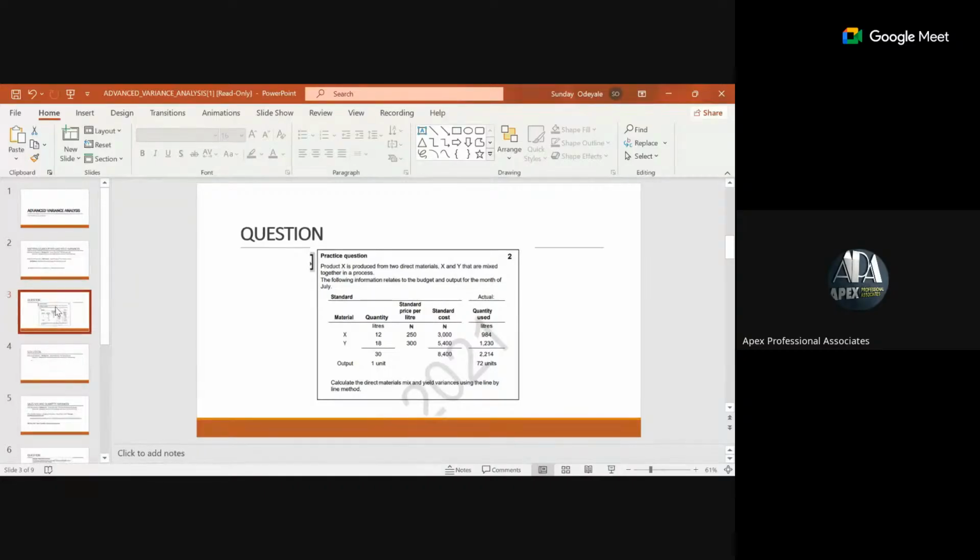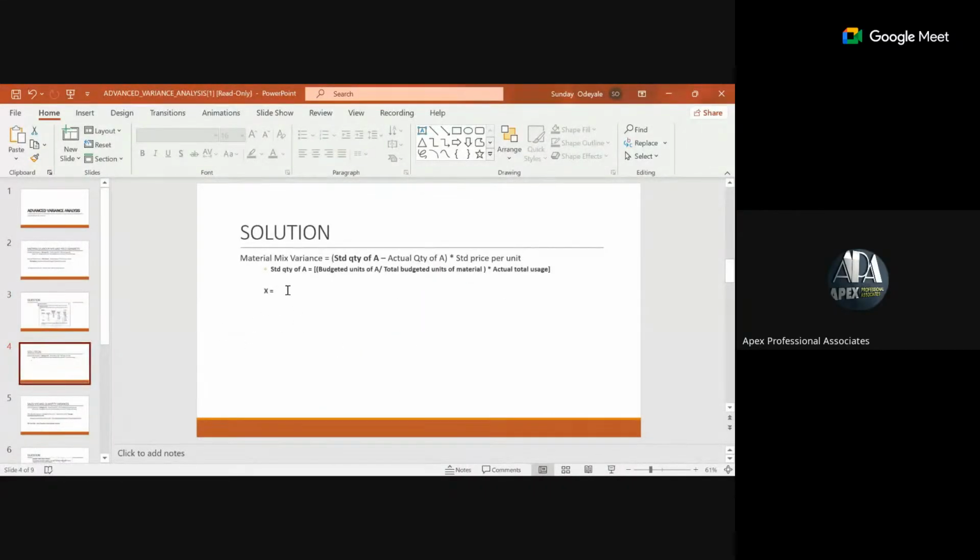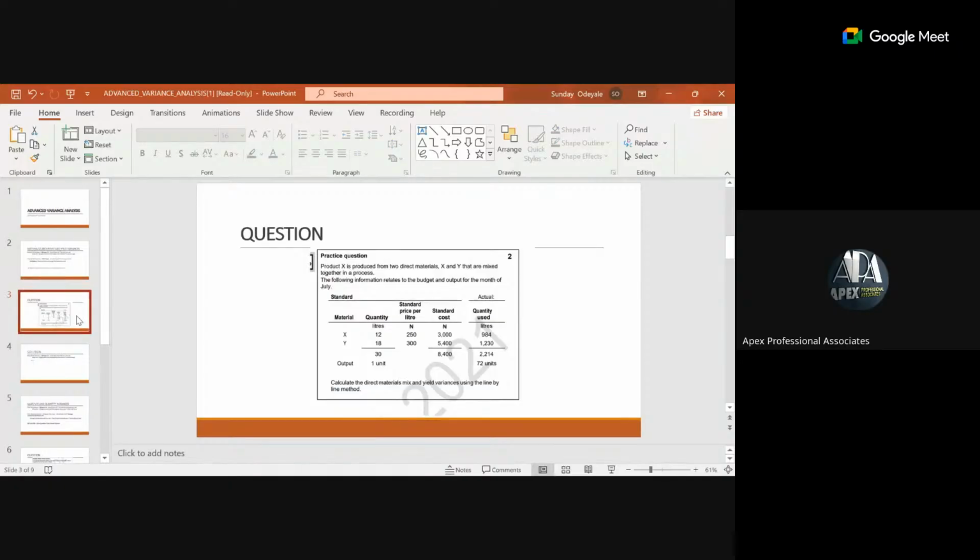But now that you are not using 30, you are using 2,214. We need to know how many units were supposed to be X and how many were supposed to be Y. So that is where you bring in your standard proportion. Your budgeted unit of A, now it will be X. So how many units did we budget to use for material X?